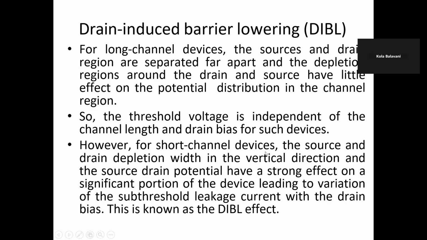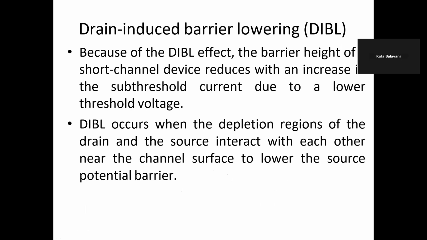For short channel devices, the distance between source and drain is less, so the depletion region width and the source-drain potential have a strong effect, and a significant portion of the subthreshold current is due to the drain bias only. Whenever you apply voltage at the drain terminal, it affects devices having a short channel, where the depletion region width is more. That's why this is called the drain induced barrier effect.